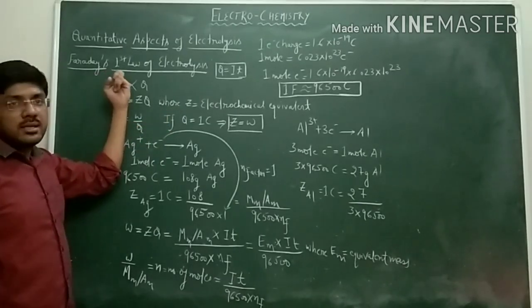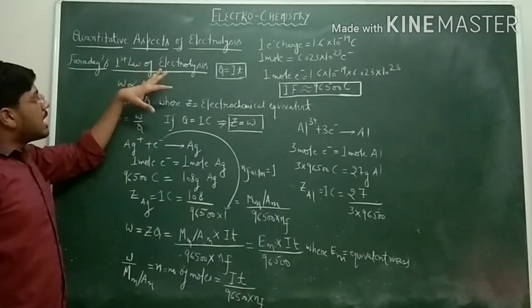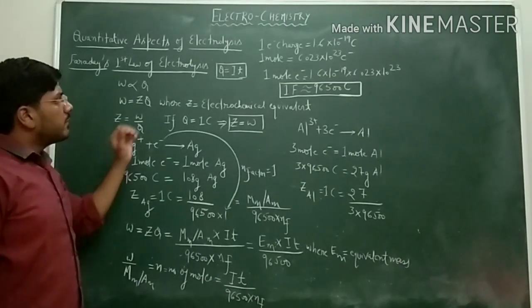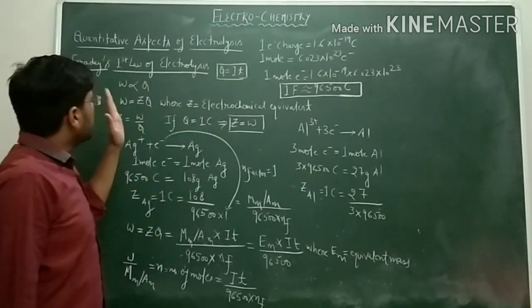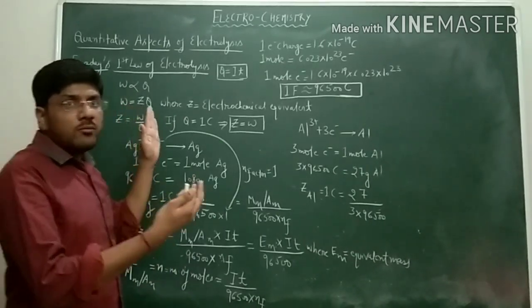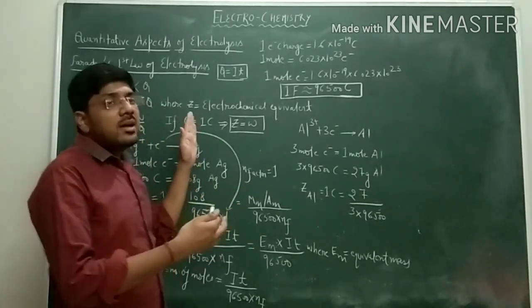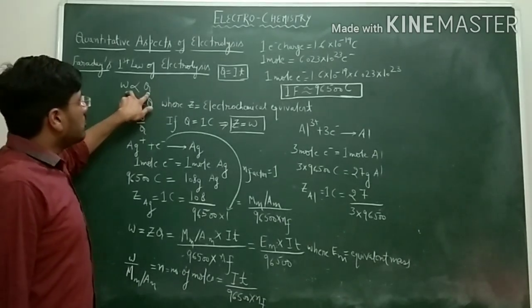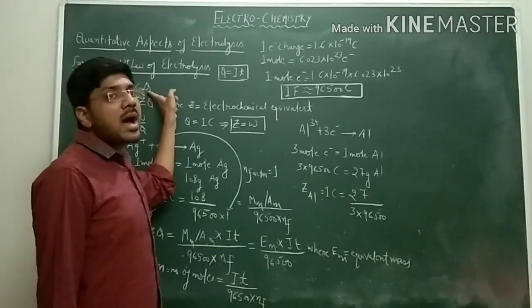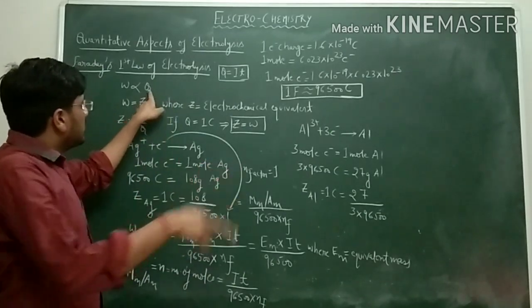Now we will discuss Faraday's first law of electrolysis. What it says is very simple: the weight of the product obtained at the electrode is directly proportional to the quantity of electricity passed through the circuit.